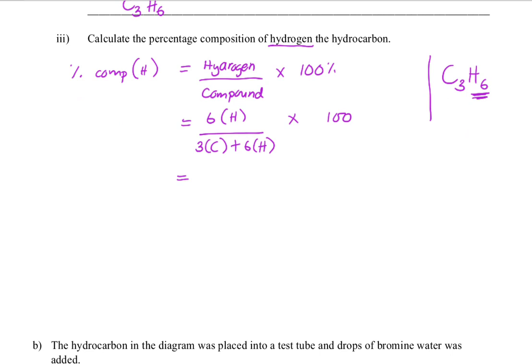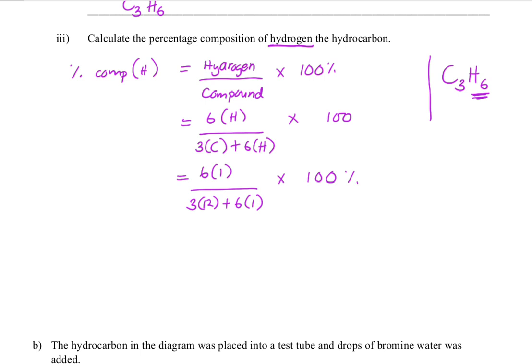Hydrogen is 1 and carbon is 12. So 6 by 1 all over 3 by carbon, which is 12, plus 6 by 1, then all of this times 100%.